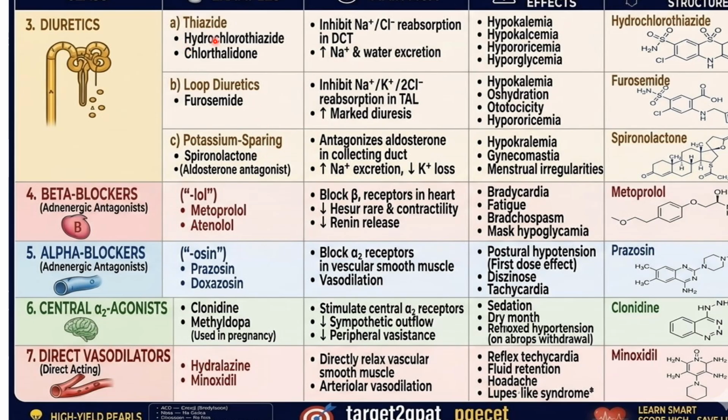When we take thiazide diuretics, thia means a sulfur containing group is there, and azide means an NH group is present. These thiazide groups generally exist along with chlorine in them. Hydrochlorothiazide is the first best example, and chlorthalidone. Both of these have chlorine in them.